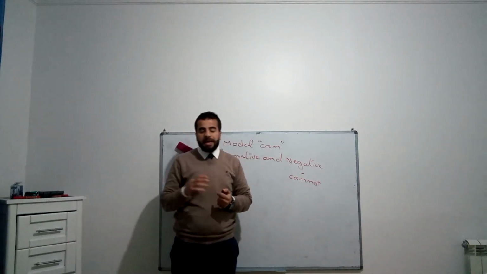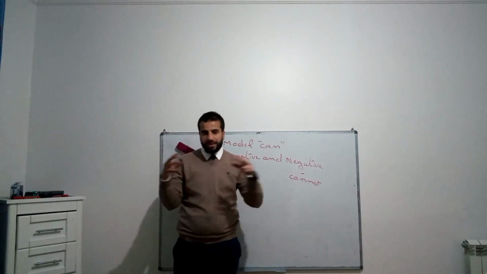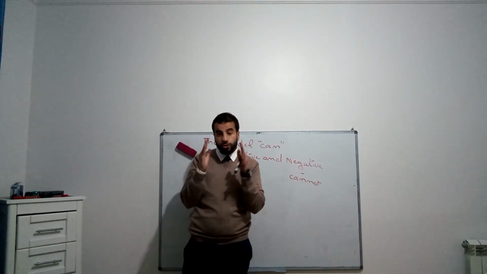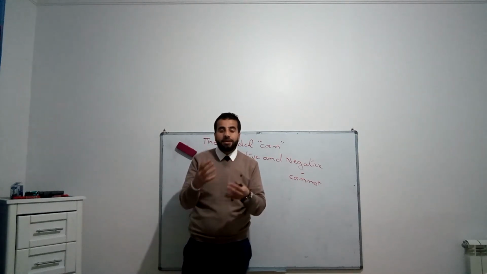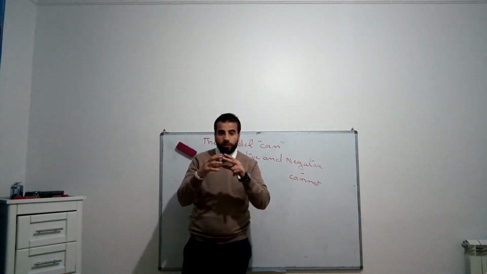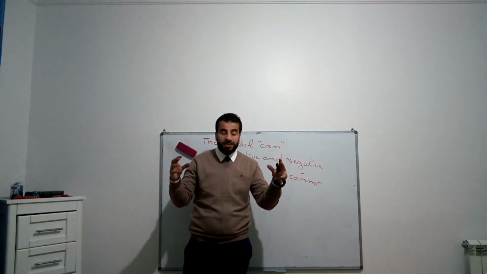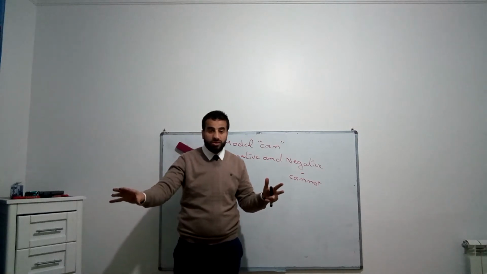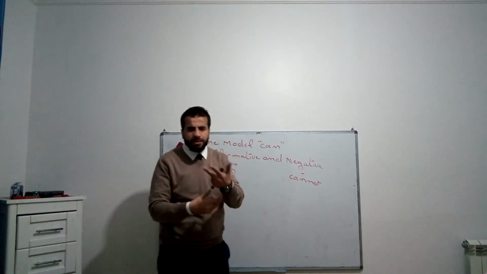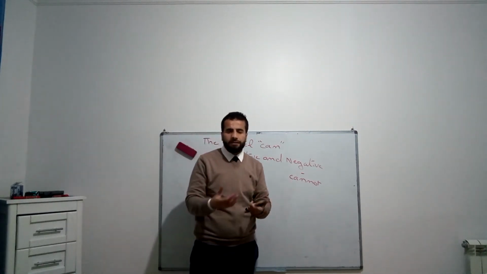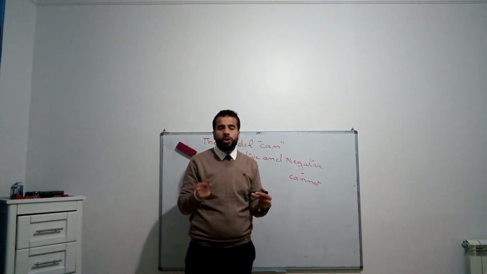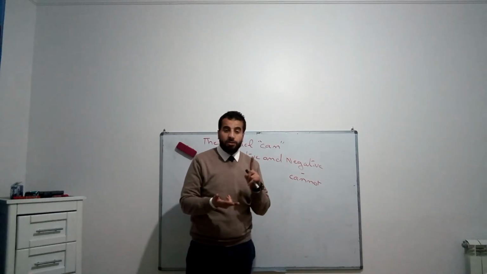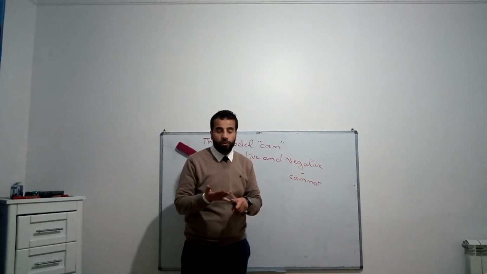Well, in making a simple sentence, I will show you how to construct a sensible sentence that contains the modal auxiliary can. In producing an affirmative sentence, or simple sentence, we start with the subject, the modal auxiliary, that is can, and then the verb and the object and so forth.